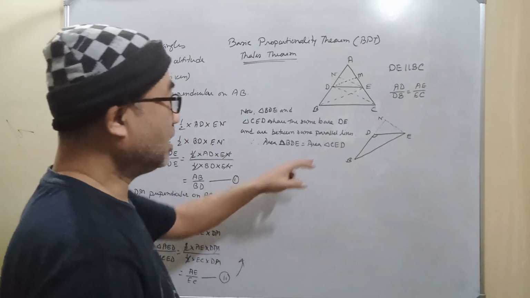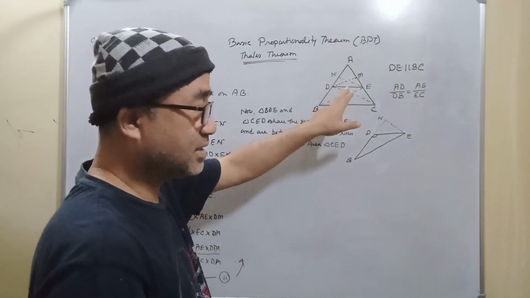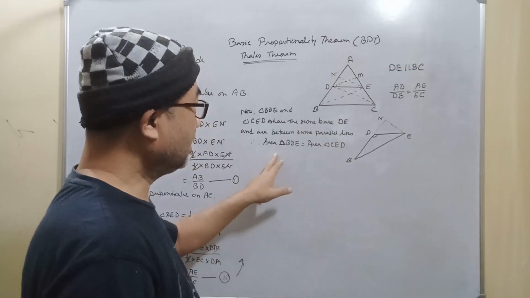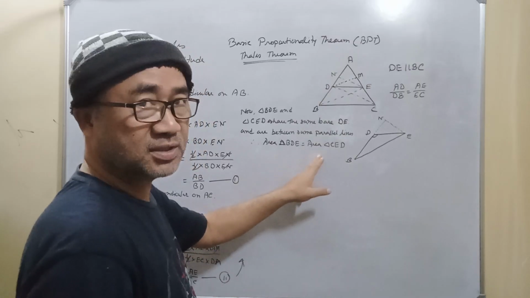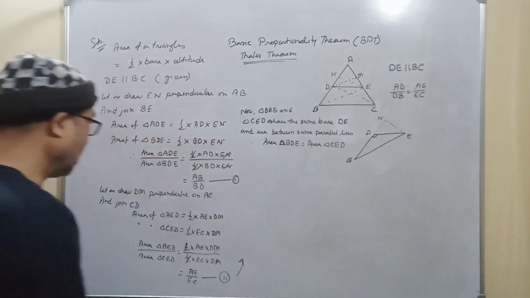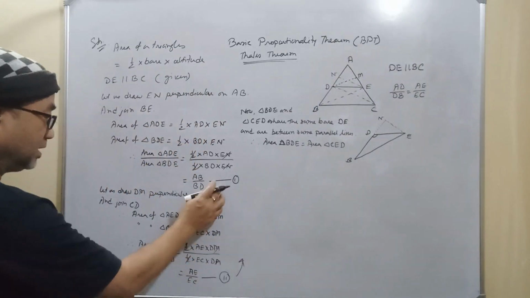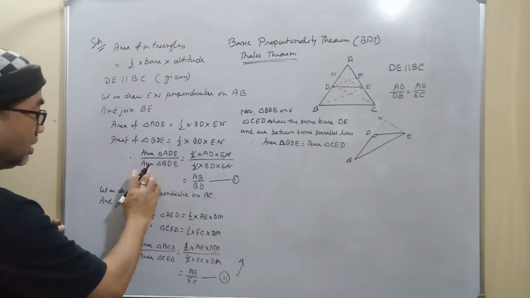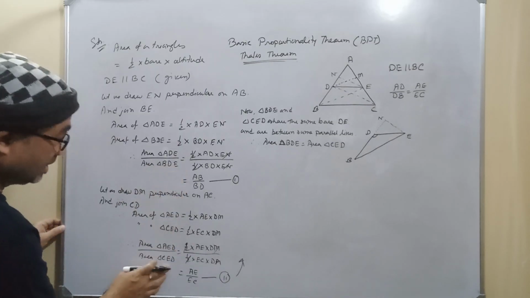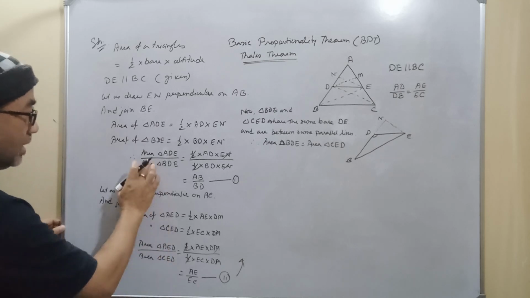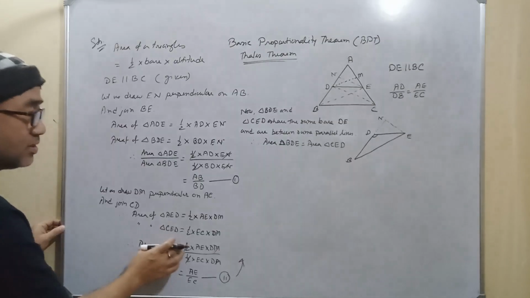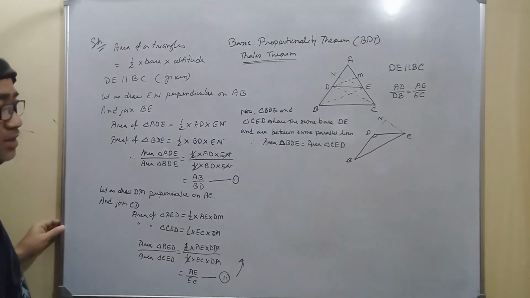If two triangles share the same base and are between the same pair of parallel lines, then their area is also equal. So we have from these two relations, area of BDE is equal to area of CED, and area of ADE is already equal to area of AED because they are the same triangle.